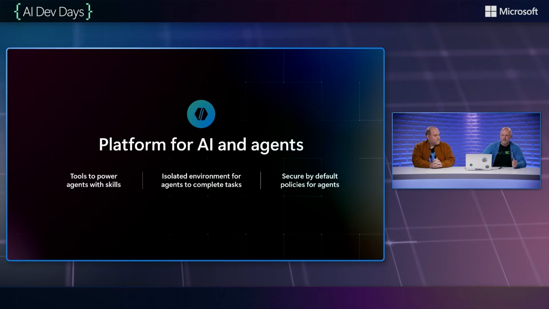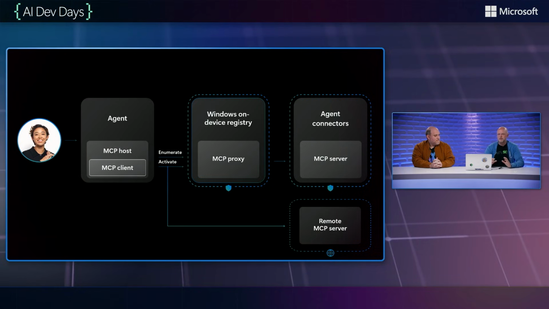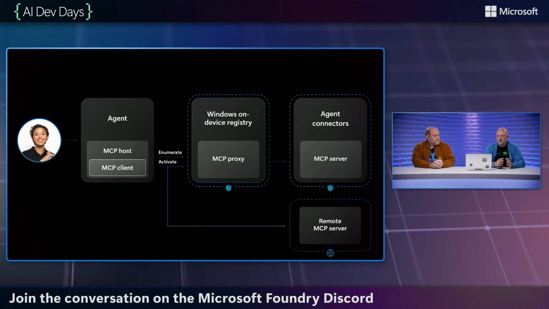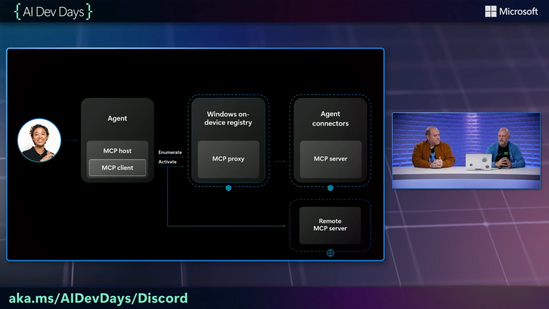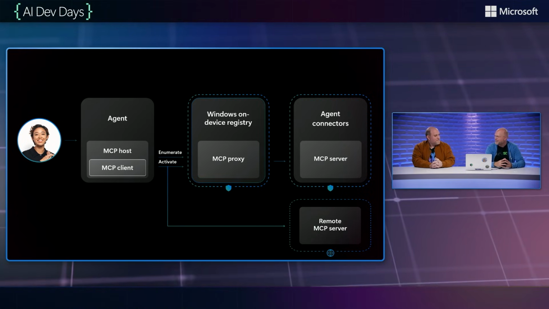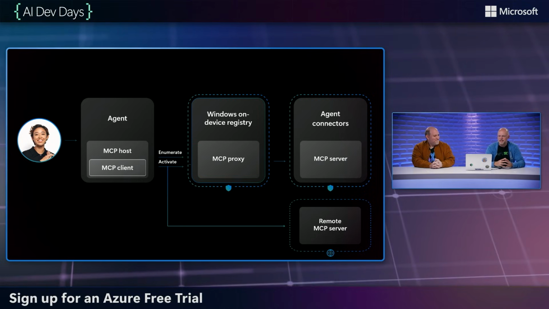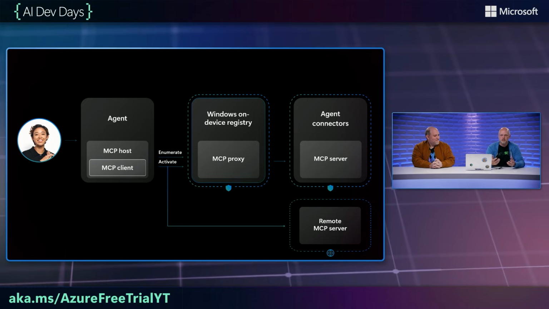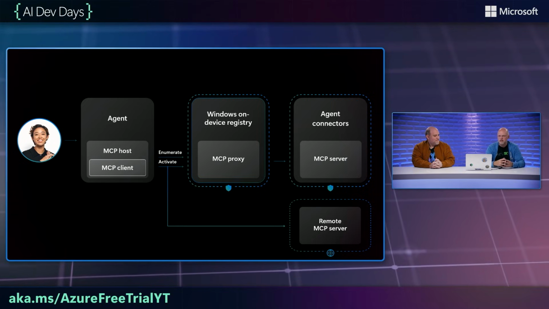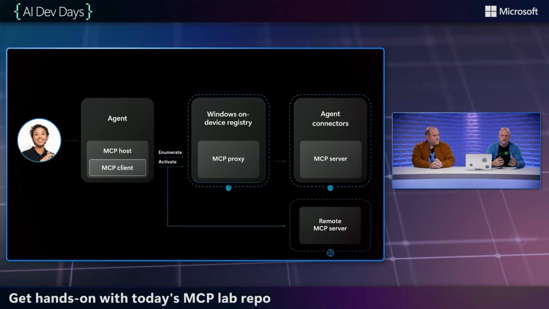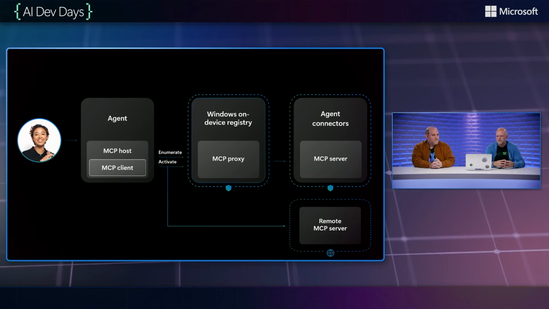So what does this look like? Our platform consists of a couple of building blocks. We have a registry, we call the on-device registry, or ODR, as you will probably hear us say a couple of times today, which is an inventory of all the installed and registered MCP servers on the system that either you as a user or your device admin have provisioned onto the device.